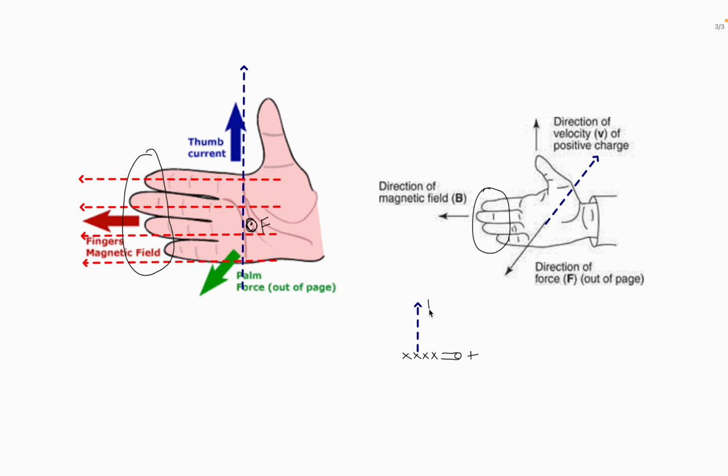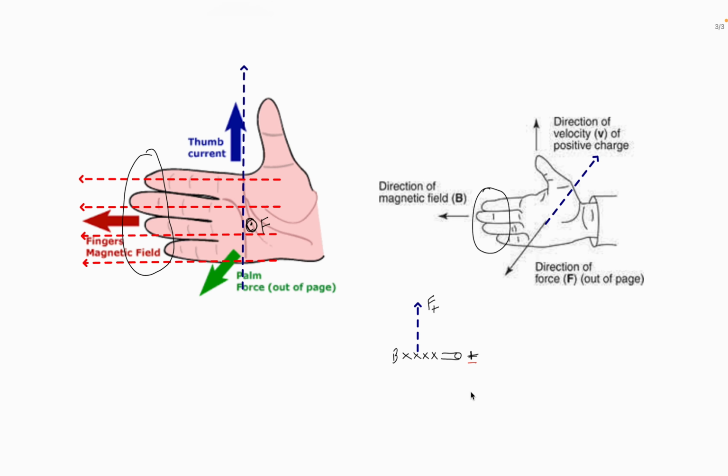This is the direction of the force, with the four fingers showing the magnetic field direction and your thumb showing the movement of the positive charge. If it is a negative charge moving in that direction, then the force will be in the opposite direction.